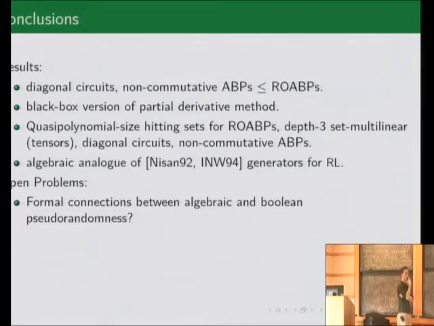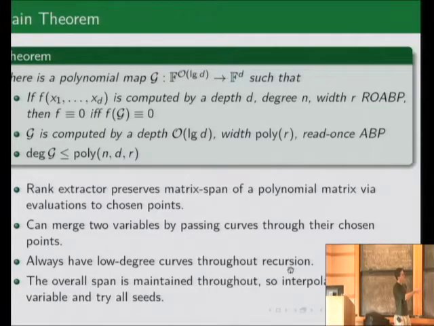No, because this is quasi-polynomial. You get the same sort of log squared behavior. It's because of this degree. If it was constant, I would agree with you. But because the degree is polynomial, you get polynomial to the log, and that's where the quasi-polynomial happens.